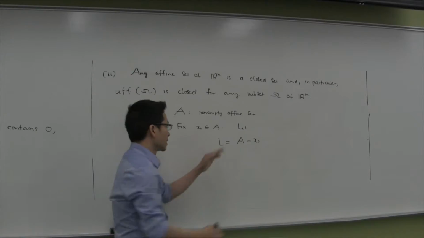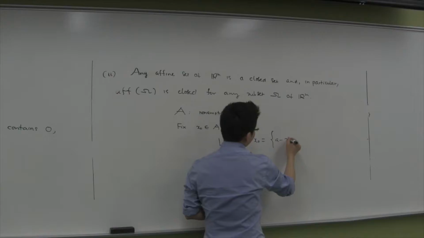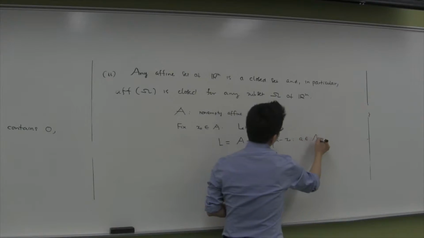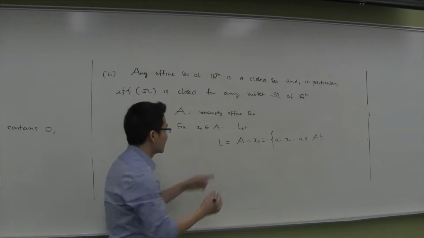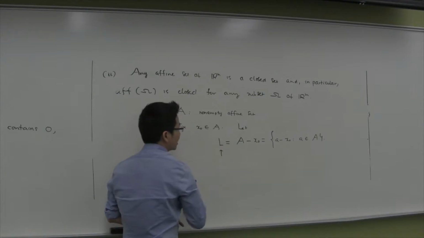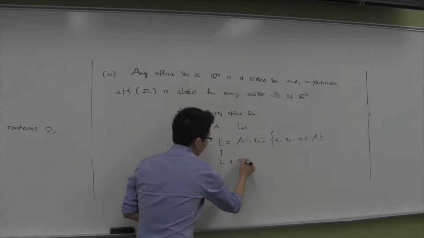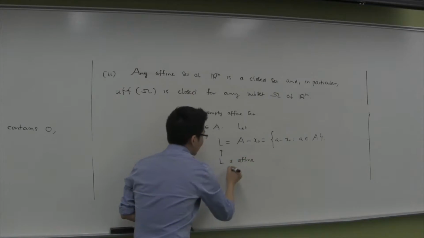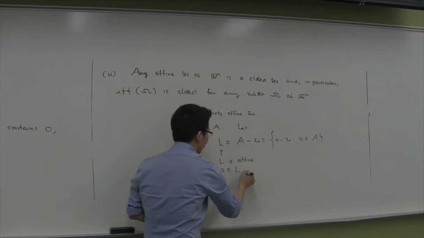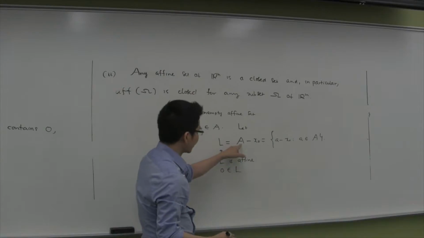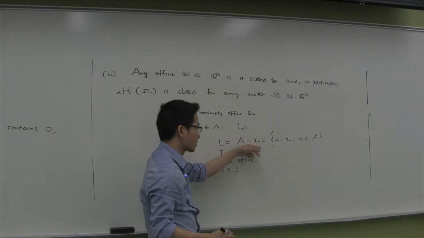So this is the set of all elements of the form a minus x0, where a belongs to A. We can easily show that L here is affine, and 0 belongs to L, because obviously x0 belongs to A, so x0 minus x0 is 0.